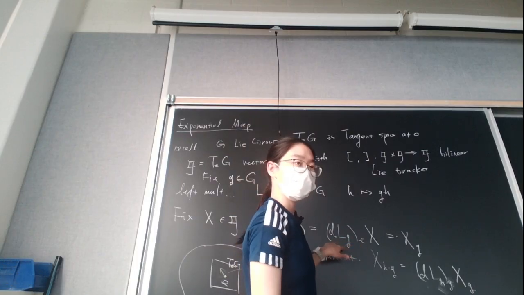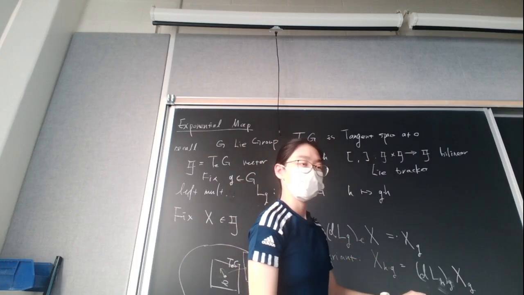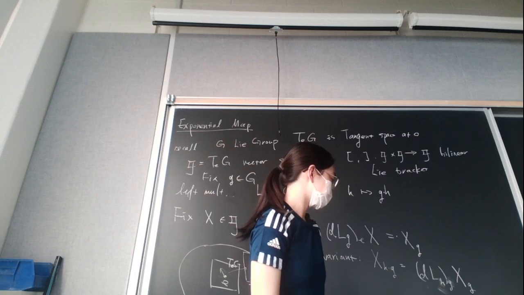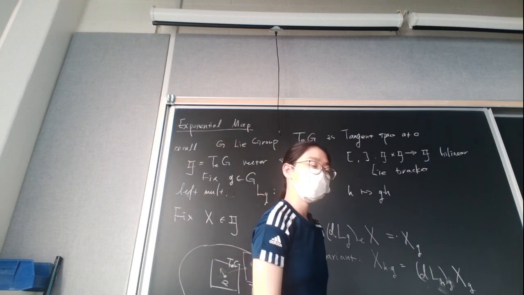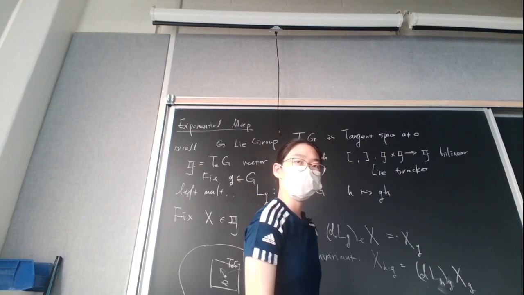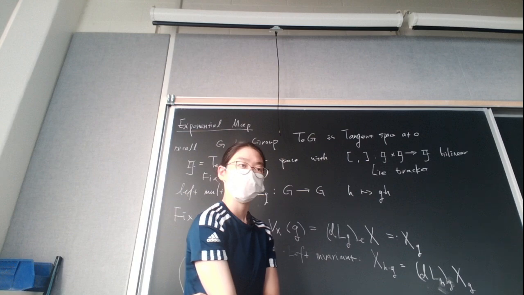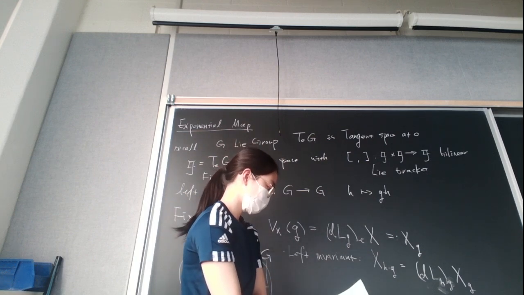But on the bottom, sorry, maybe I just don't understand the notation. You're taking the differential first on h and then g, but applied to X sub g. The dL_h means the differential of L_h. L_h is just a function. That's good. Okay.